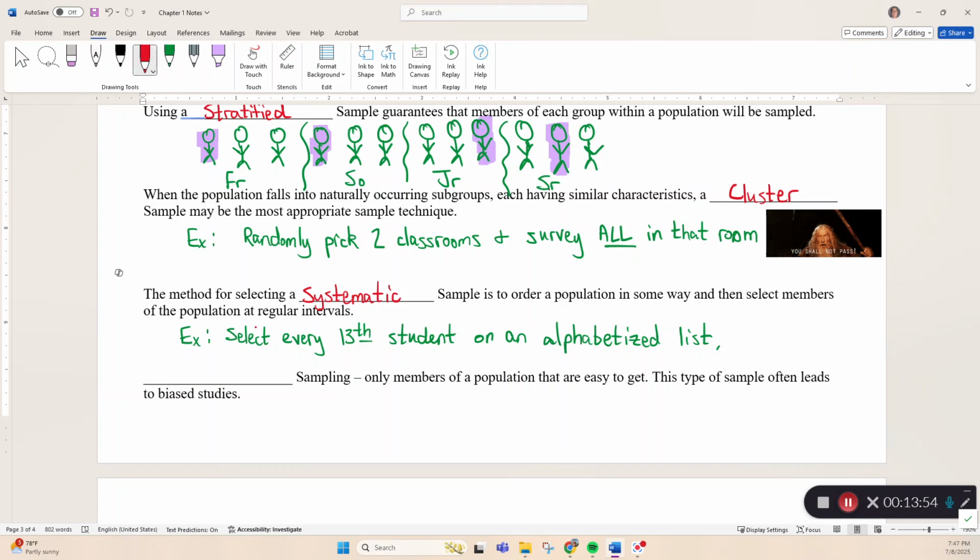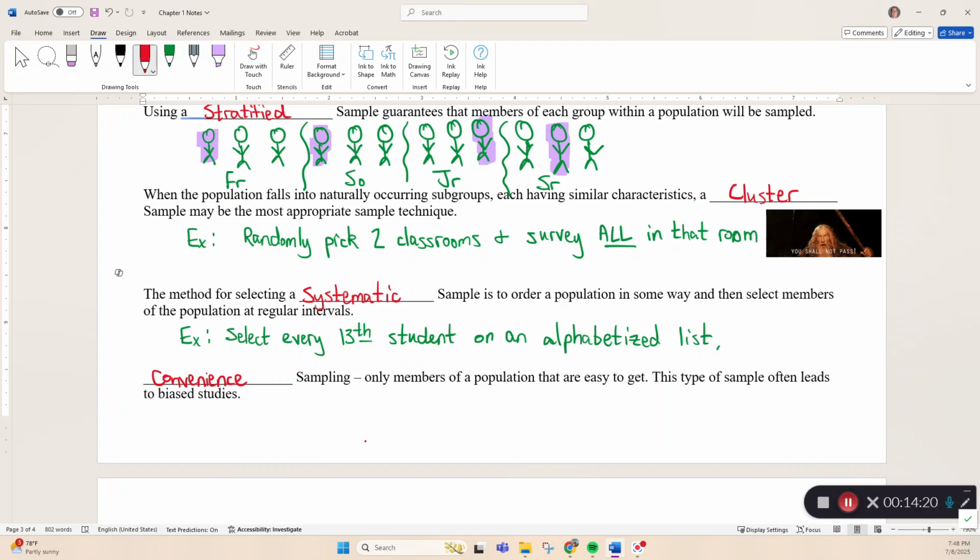And then the worst type of all, I'll be honest. I mean, yes, you can get a survey, but it is terrible. It's convenience sampling. Do not do this. Convenience sampling is where only members that are easy to get are sampled. This type of sample often leads to biased studies.